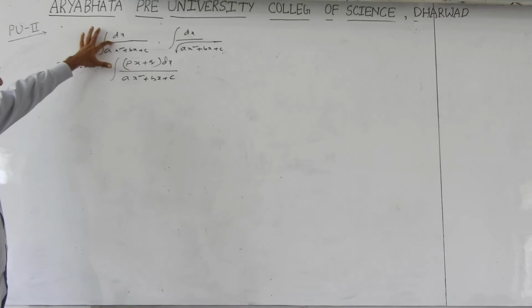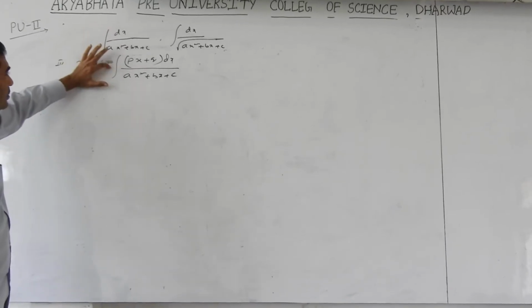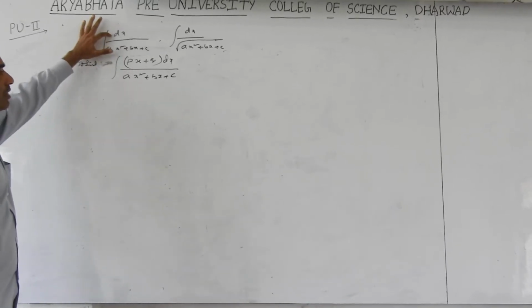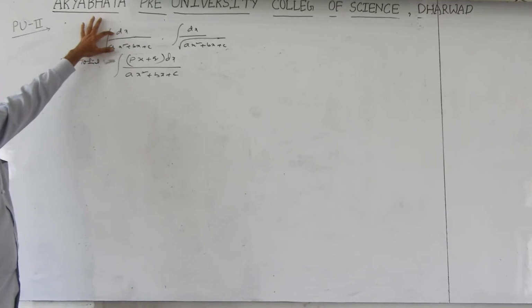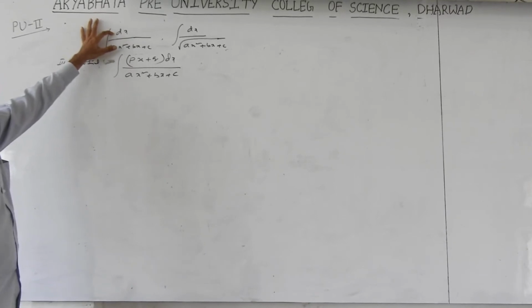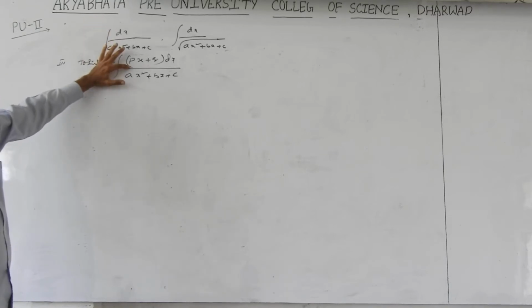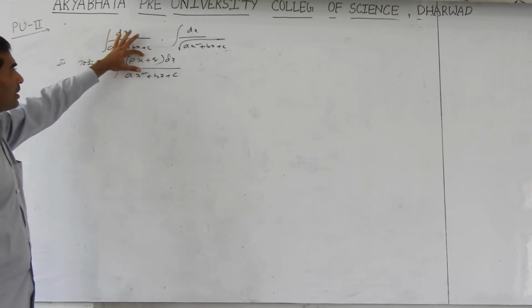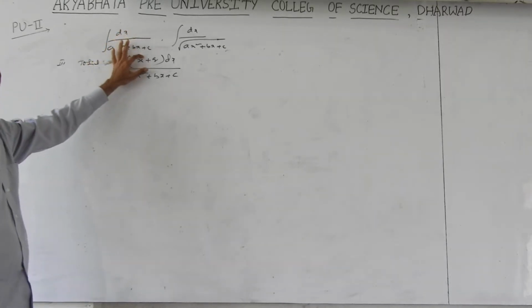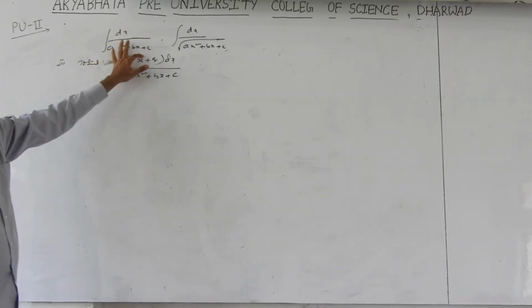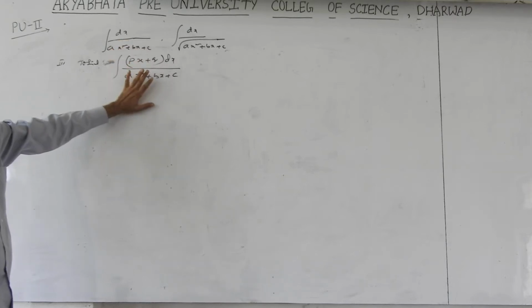See, what is the difference between this method and this method? Here the numerator is constant: 1, 2, 3, 4, constant numerator. But here the numerator is not constant, it is variable, but it is a linear function, meaning degree should be 1. More than 1 is not possible; this method is not applicable.